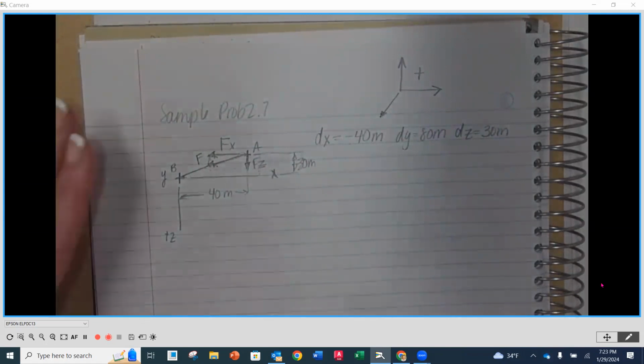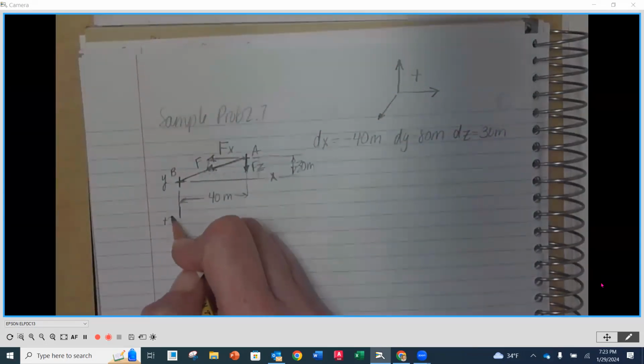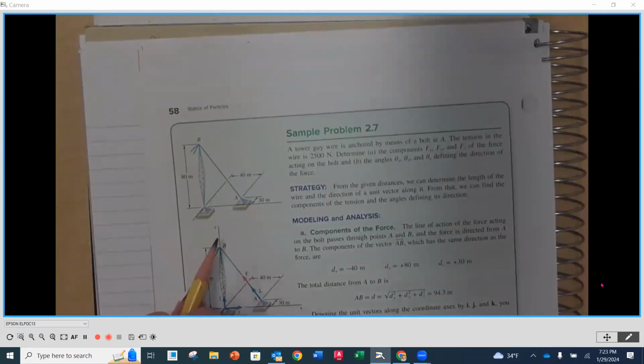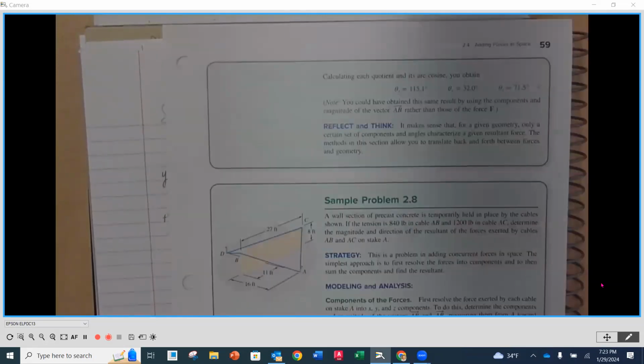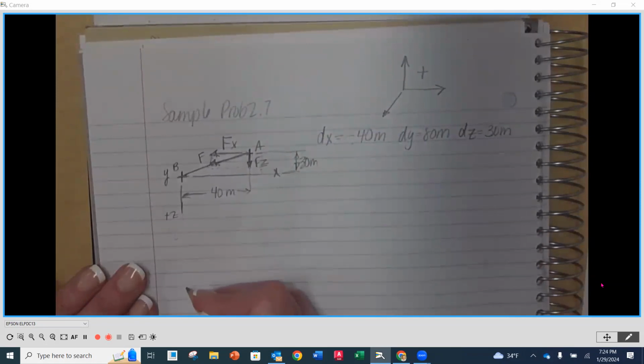Now let's look at our front view. This is our positive z. Now we're going to look in this direction and draw this. We're going to look down the z-axis as a point. I'm going to give myself a little bit of room. Here is going to be my z-axis right here.